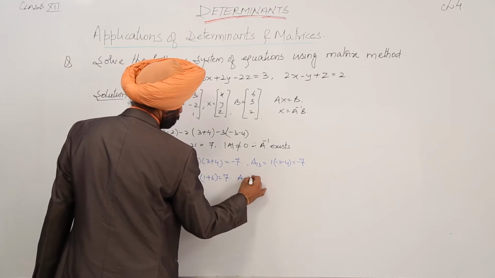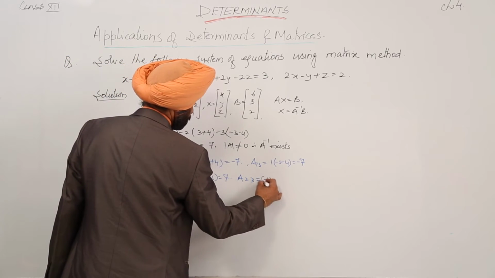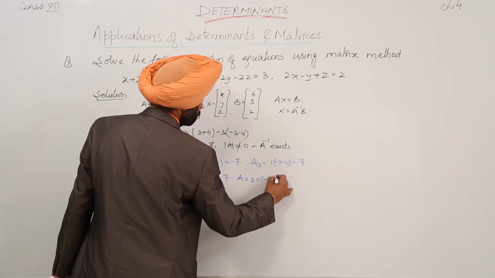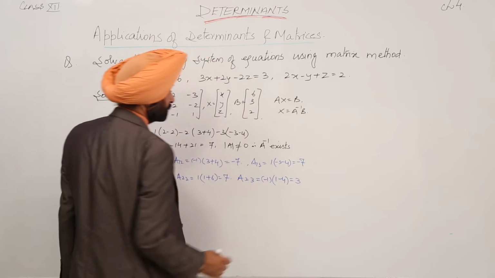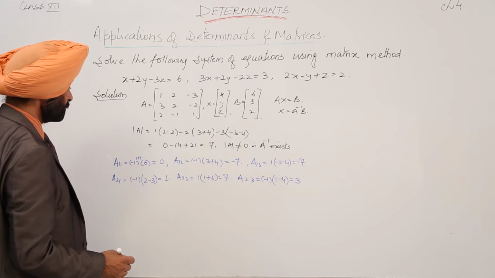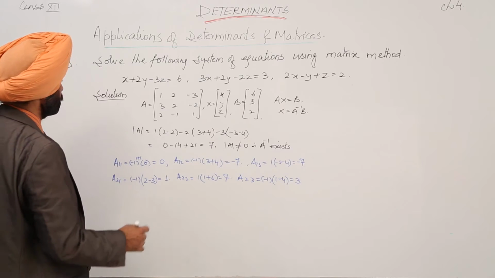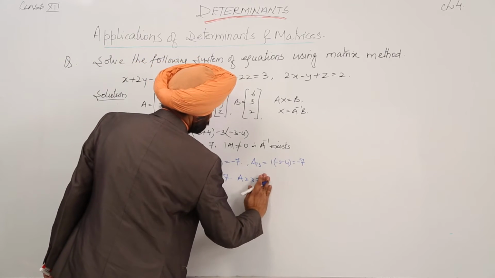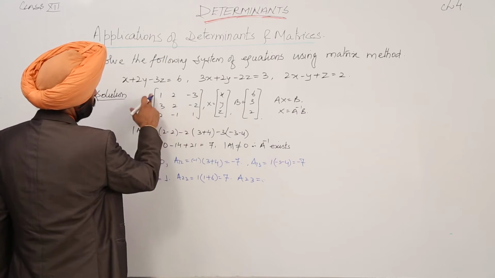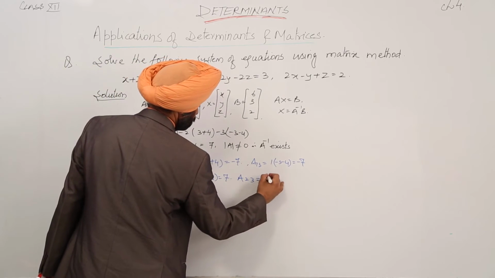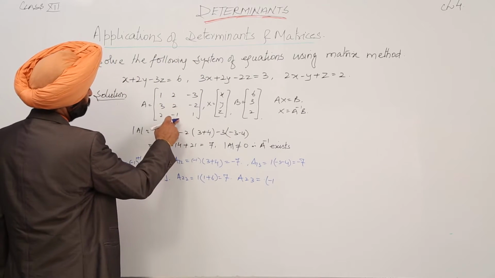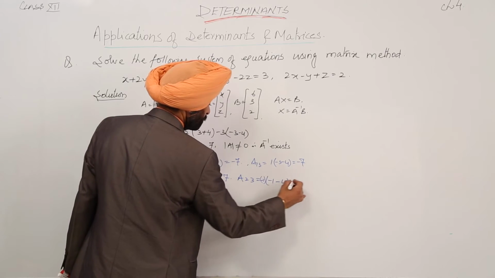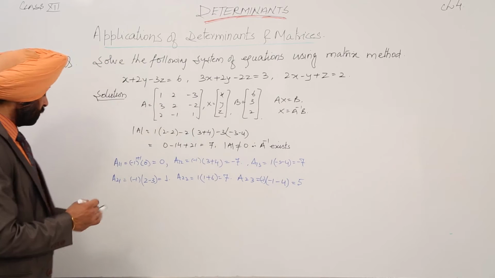A23 we are having minus 1 with A23 is this part, now we are having 1 minus 4. Sorry, A23 is minus 1 into minus 1 minus 4. So this becomes 5.